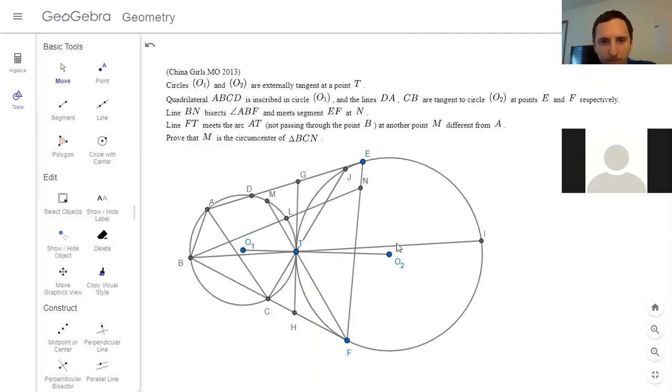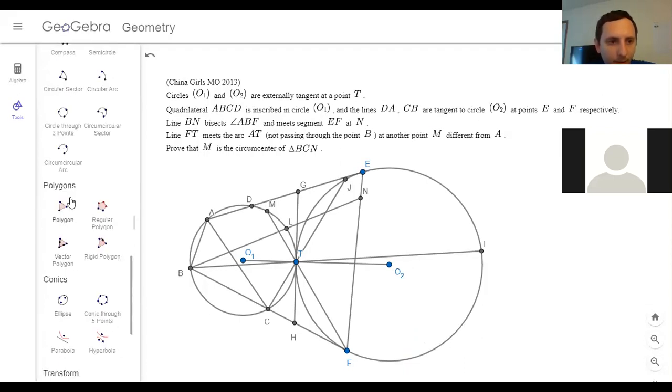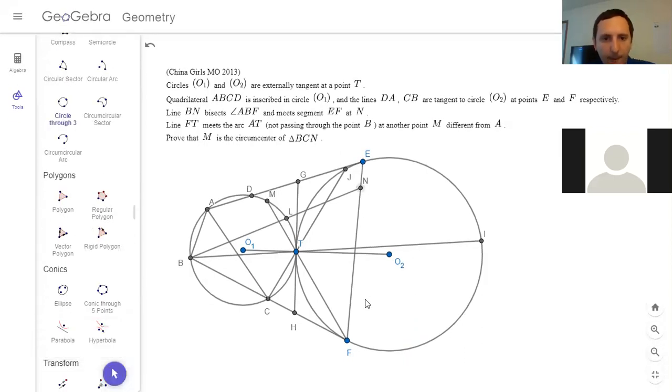Hmm. Is N cyclic with some other points? Yeah, I thought about that. So N would be the excenter. I'm not sure what points to check. Maybe NF and something. Is that really cyclic, or is that a coincidence?